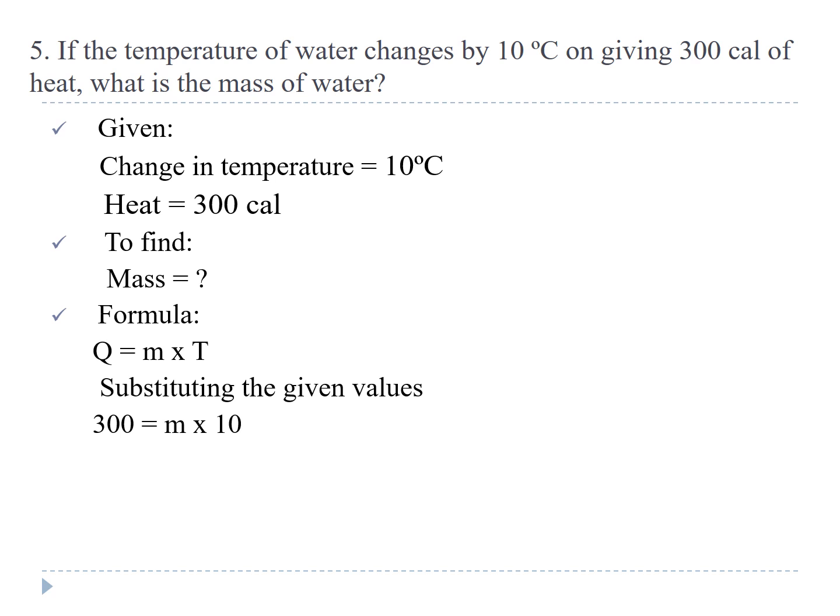So we have M is equal to 300 upon 10. If you cancel the zeros, you understand M is 30 gram. This is simple.